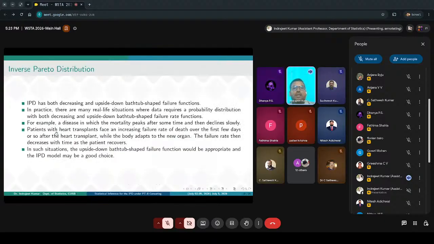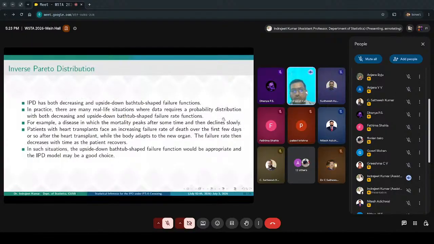For example, in a disease where mortality peaks after some time and then the disease declines slowly, this type of pattern can be studied with the inverse Pareto distribution.